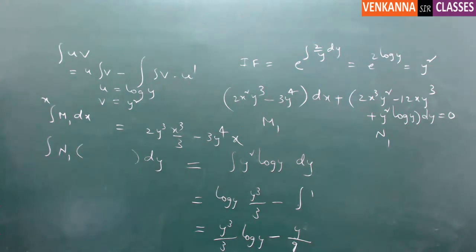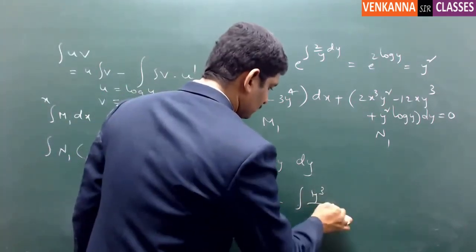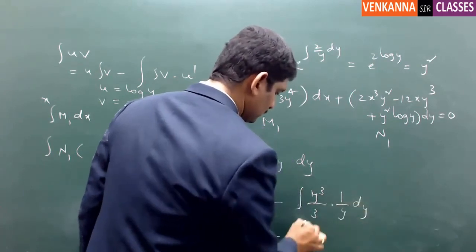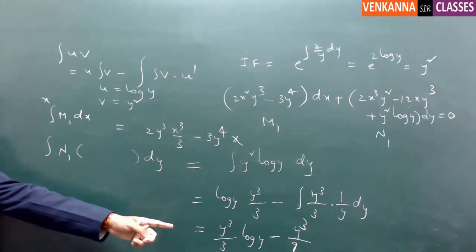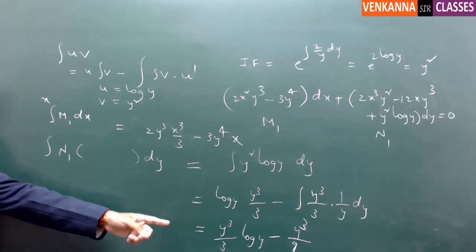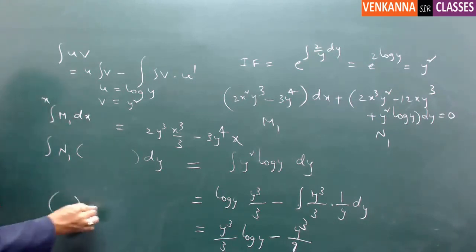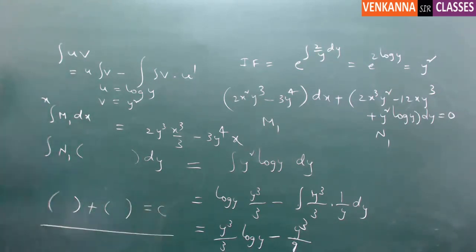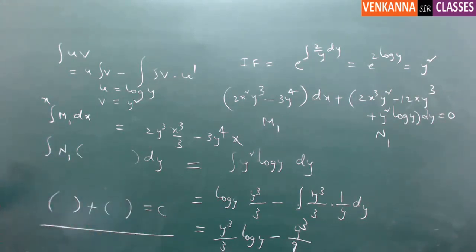Can you give the value there? Okay, right, thank you. So the thing will be y cube by 9. Accepted all? Thank you. You can simplify the value further, that is up to you. So joining the two solutions, this and this equal to C is our final solution.